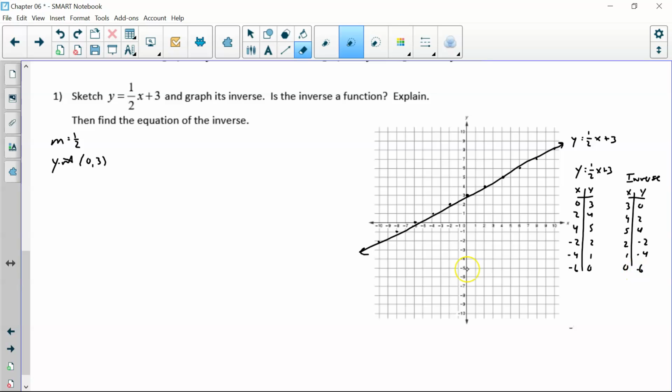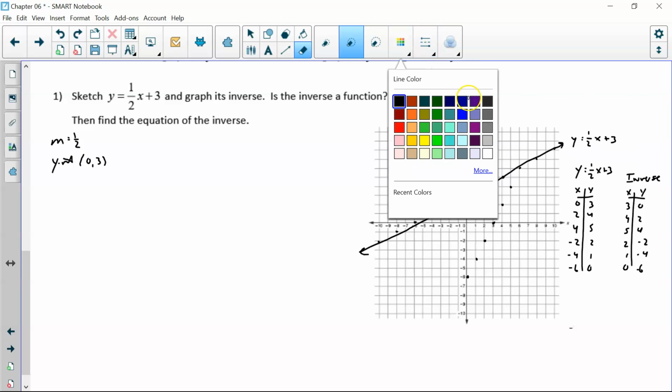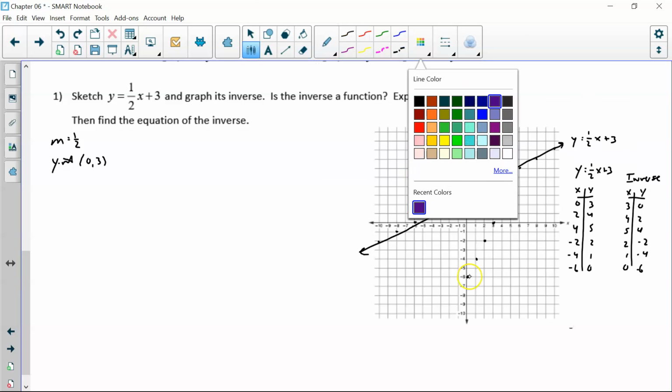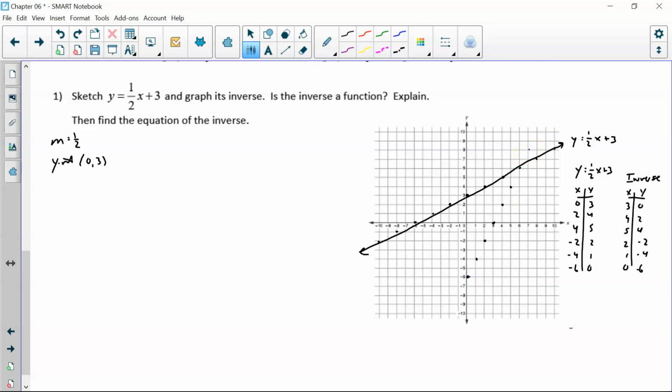That's a 0, negative 6, excuse me. 0, negative 6, 1, negative 4, 2, negative 2, 5, 4, 4, 2, 3, 0. Here would be our inverse. There's our inverse. So that's one way to find it, is you can just plot the opposite values.